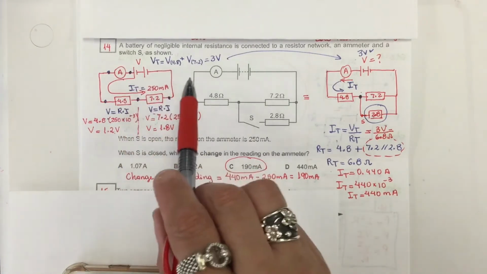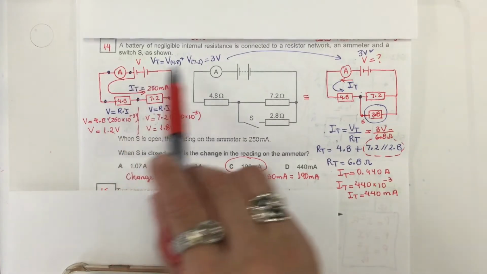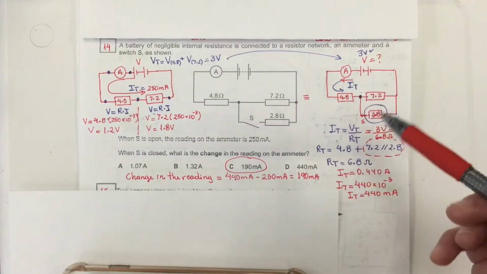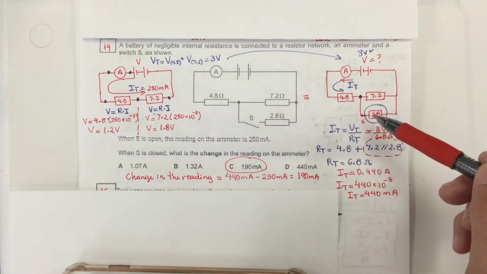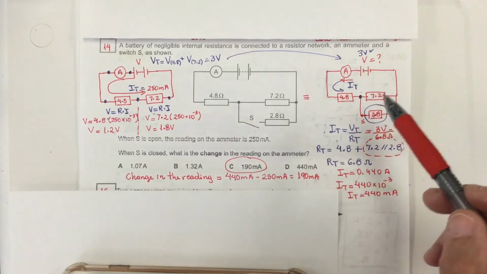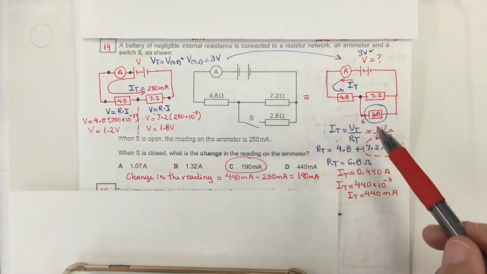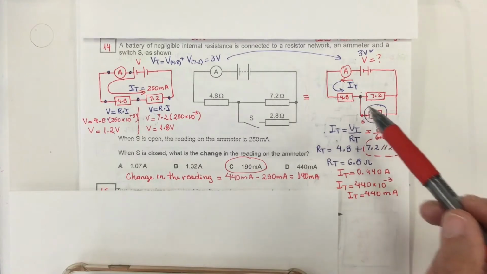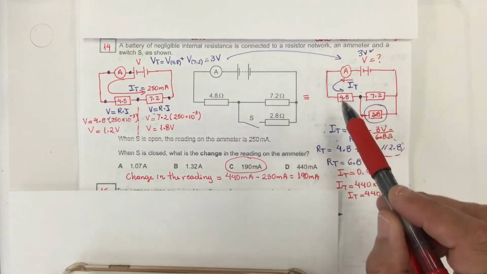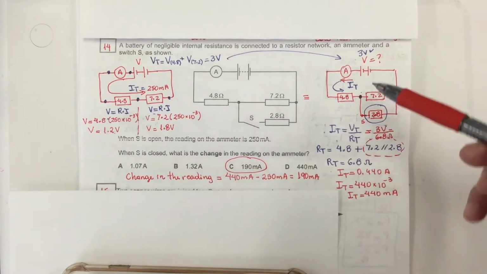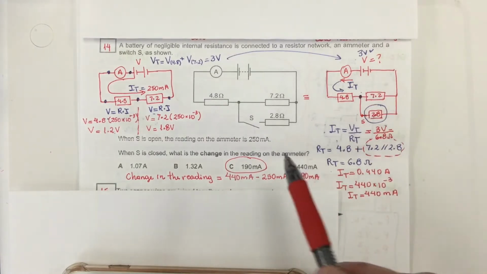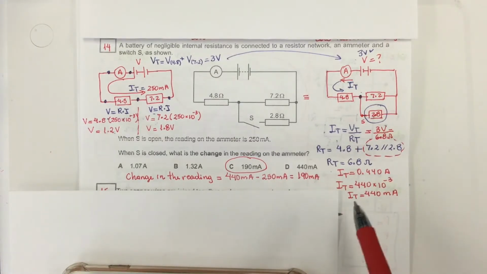Then we could determine that the voltage is 3 volts, and we replace this value when this resistor is now added to the circuit. Now we need to find the new total resistance, which is a parallel plus series combination, and the change is the difference between them.